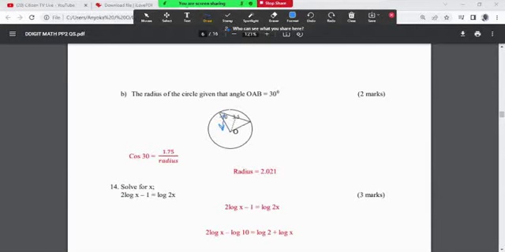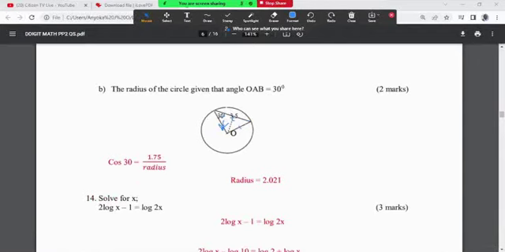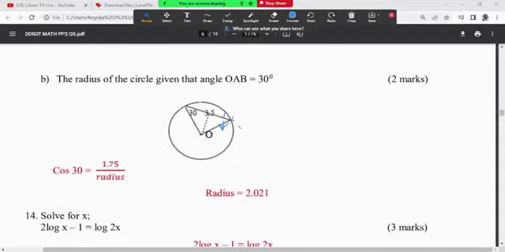R, we need to know that if this is radius and this is radius, it gives us an isosceles triangle. With an isosceles triangle, if we drop a perpendicular from the vertex to the base of an isosceles triangle, it bisects the chord.